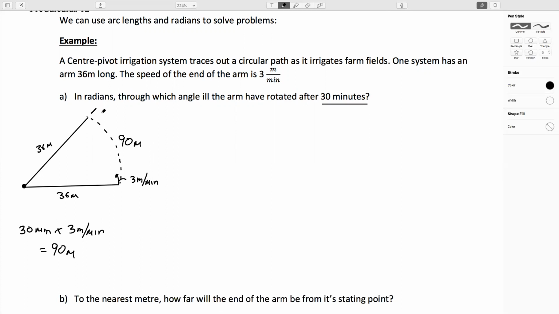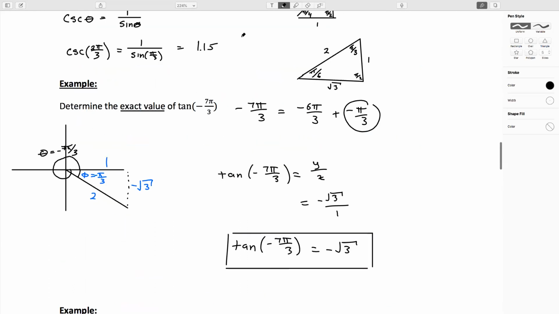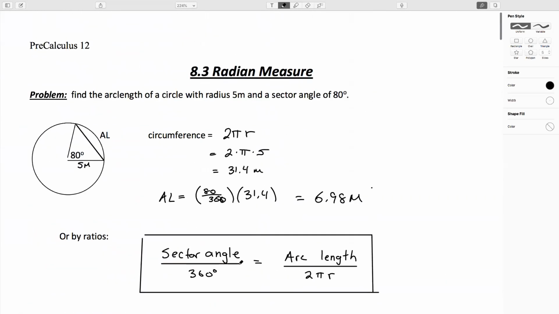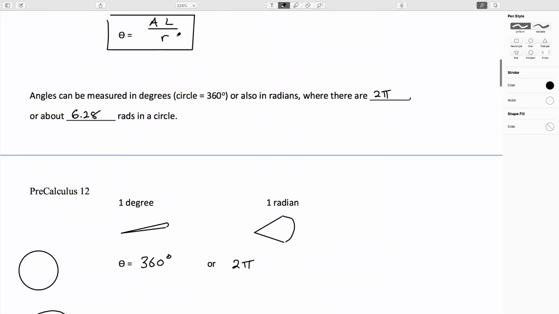That's the distance from over here all the way over here. And so now we've got all the pieces we need to find our angle. Because we're working with radians, this is much nicer. We don't have to use the ugly formula. We don't have to use this one. We can simply use this one.